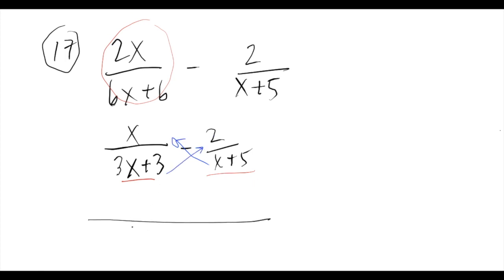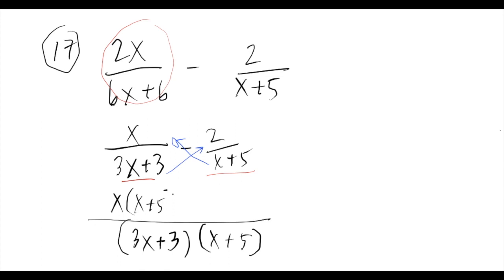Okay, our LCD is going to be yung product lang nila. 3x plus 3 times x plus 5. Okay? X times x plus 5 minus 2 times 3x plus 3.